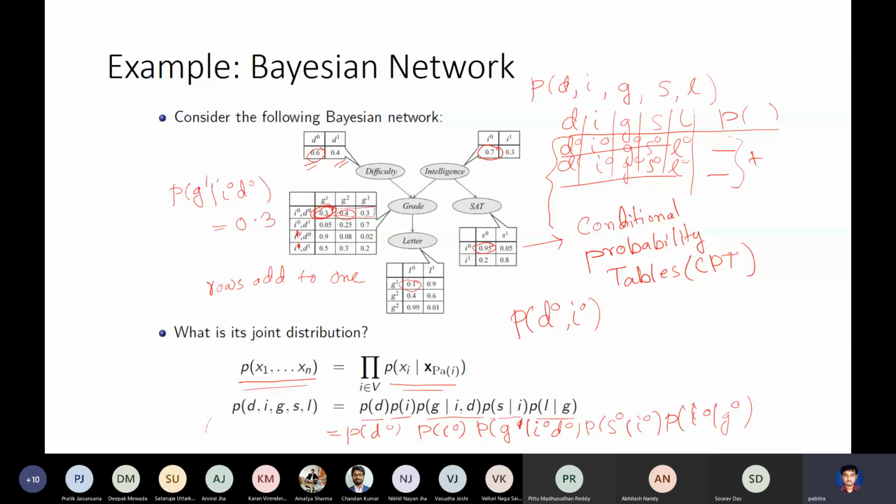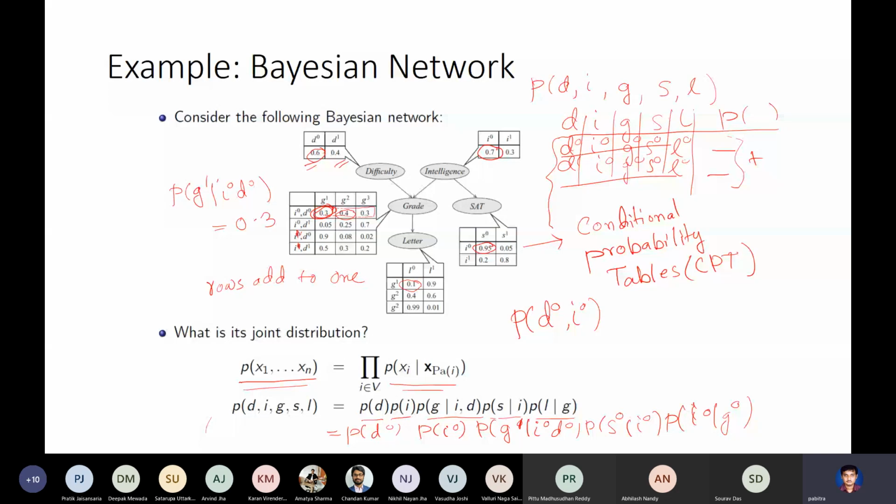And from the definition of conditional probability, I can also find conditionals. So everything that I want, I can find out. This is a complete, 100% correct representation.